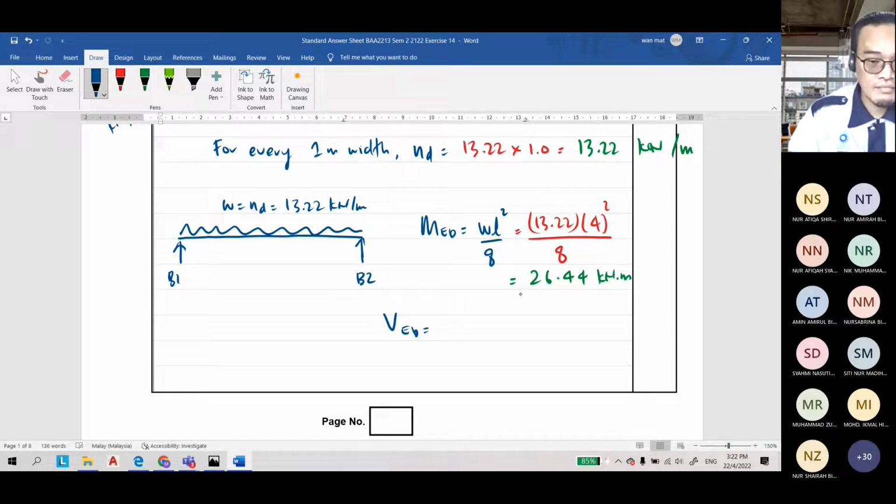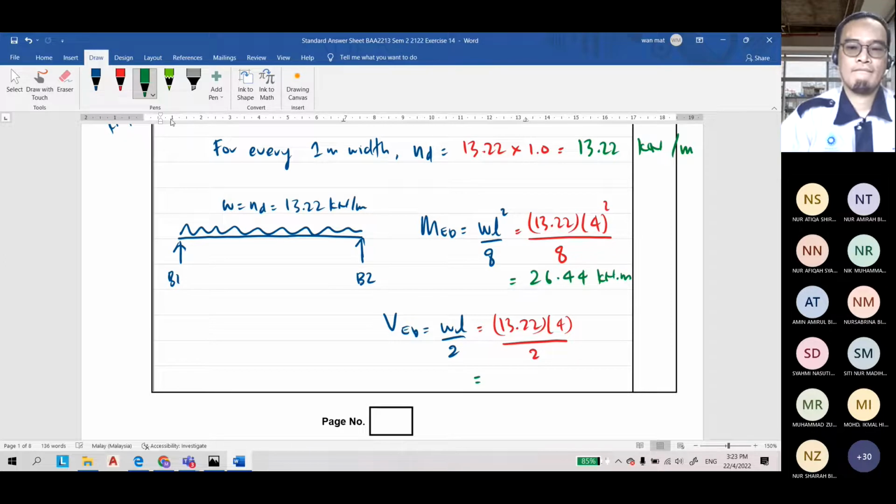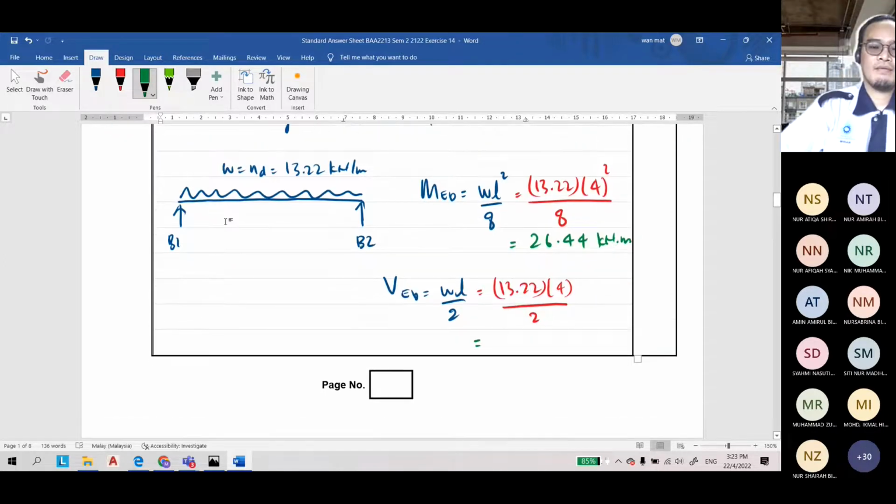How about the VEd? Equal to? WL over 2. Good. So equal to 13.22 times 4 divided by 2. So the answer is 26.44, similar to the bending moment.